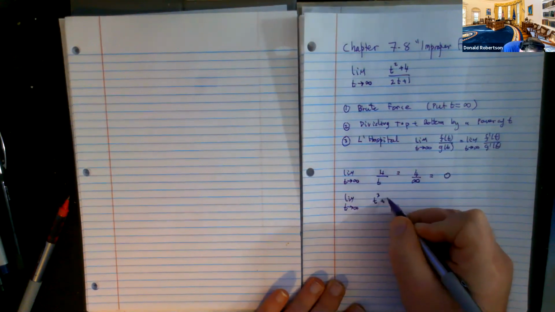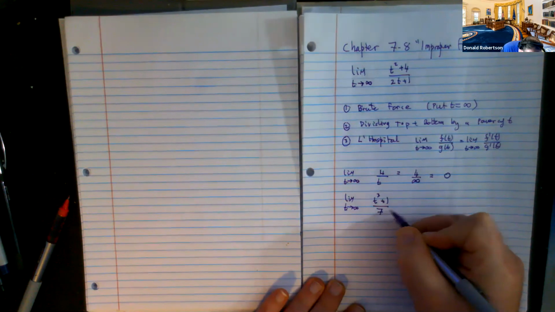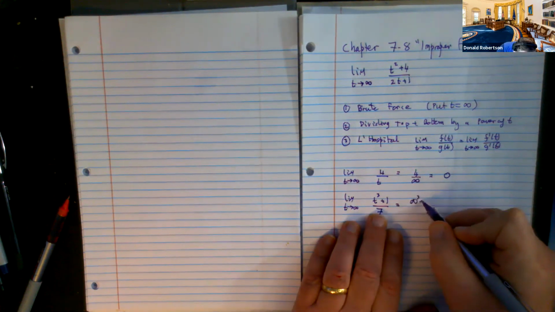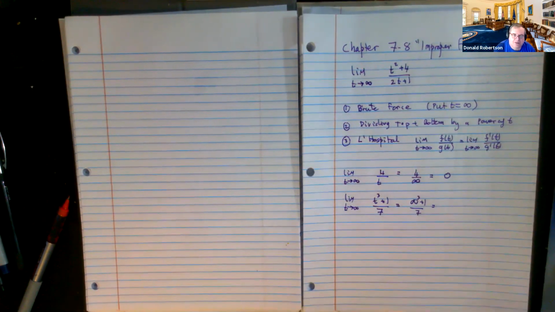How about t cubed plus 1 over 7? Well, if you plug infinity in here, don't you get infinity cubed plus 1 over 7? And calculations with infinity are a little bit different than other calculations.